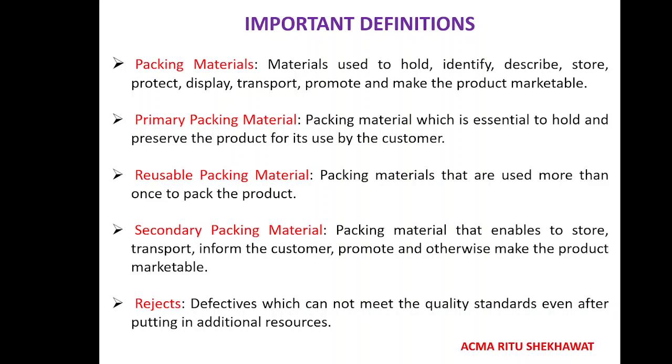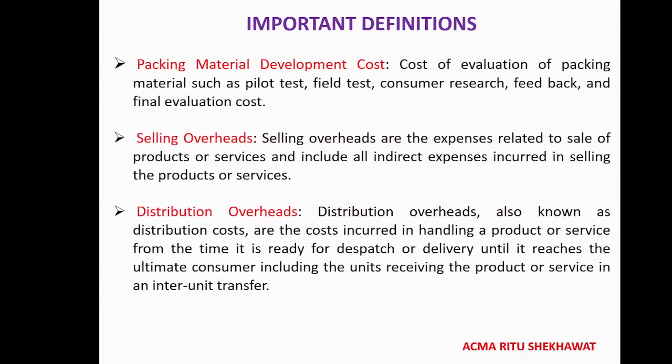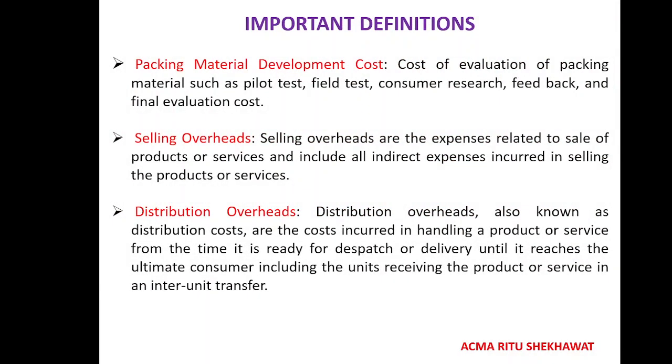Rejects are defectives which cannot meet the quality standards even after putting in additional resources. Some additional resources have been added to make the product up to the mark, but after that it failed; that product is a reject. Same with packing material development costs, selling overheads and distribution overheads.